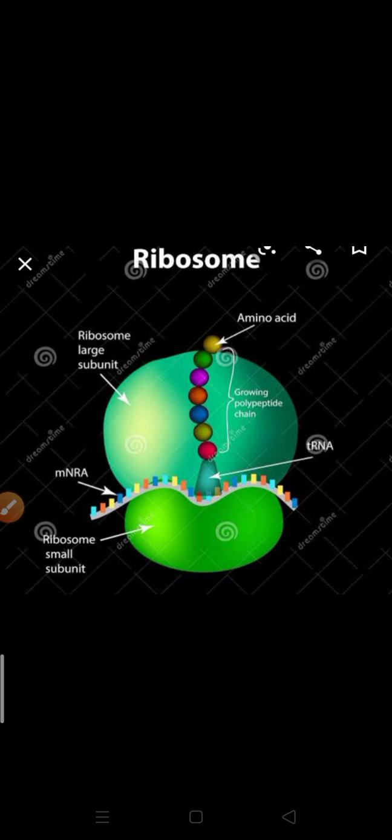These are dense granules which are present in the cytoplasm and also in cell organelles. They are present in many forms. If they are present directly in the cytoplasm, they are known as free ribosomes. Ribosomes are present in prokaryotic cells as well as in eukaryotic cells.